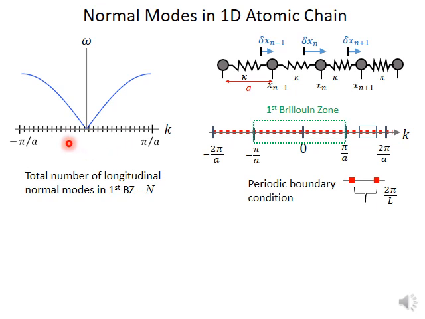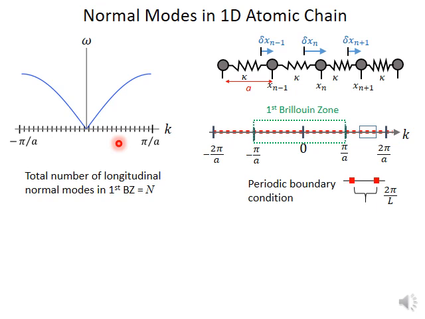Last time we looked at these discrete values, the so-called modes of a solid. Each of these discrete values is called a mode, and it represents a certain combined oscillatory motion of the crystal itself.